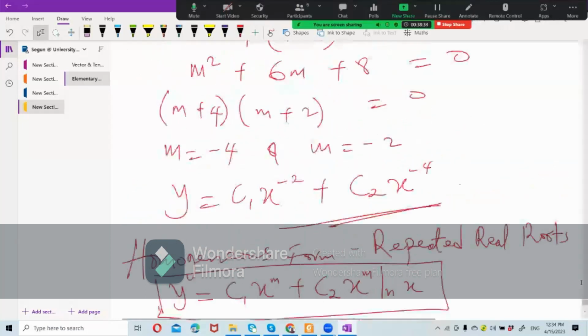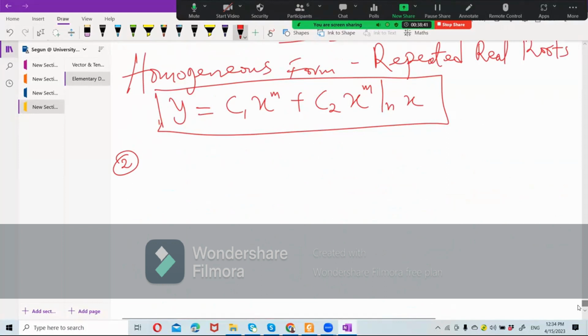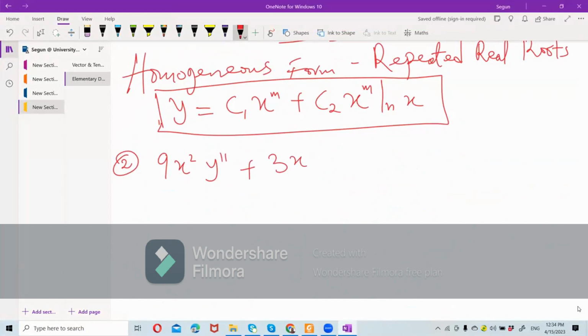Now, let's look at this example. Another one says, number 2, 9x squared y prime prime plus 3xy prime plus y equals to 0.